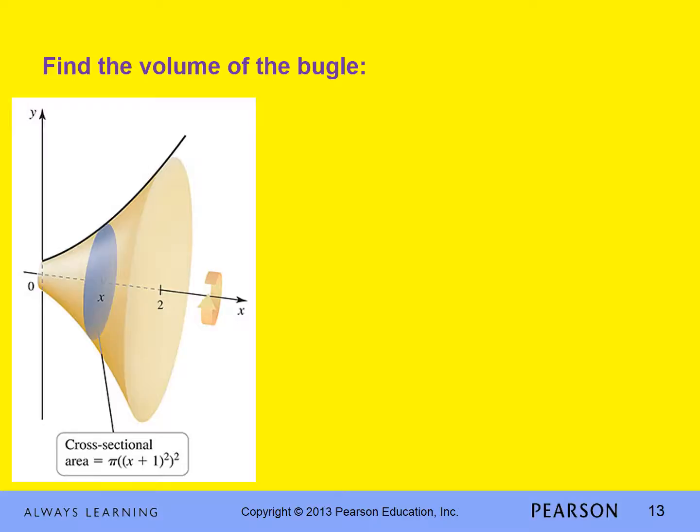And so we get this bugle as a result, okay? And here's the function f of x equals the square root of x plus 1.